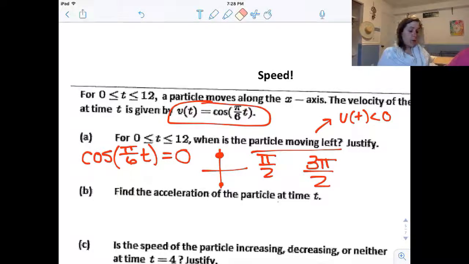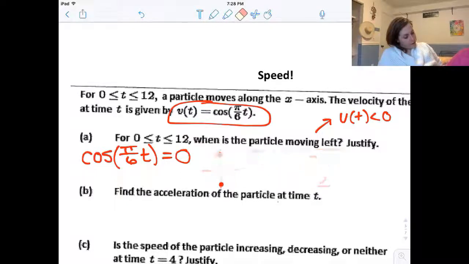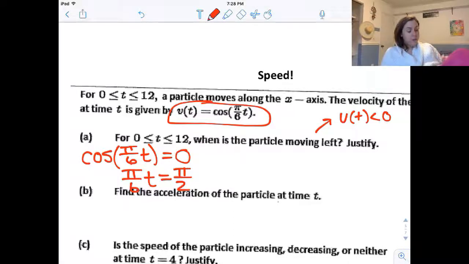So what I want to know is, well, what values of t is this happening at? So let's take a look. So pi over 6 t has to equal, let's say, pi over 2, right? Or 3 pi over 2. So let's kind of go from there.